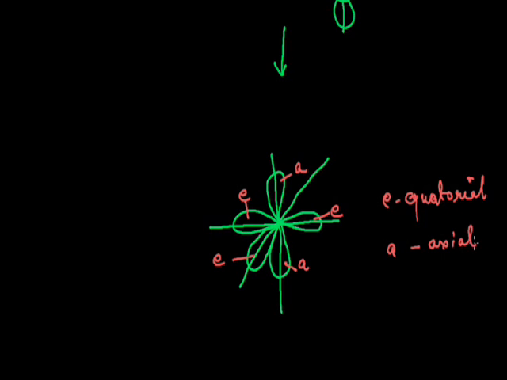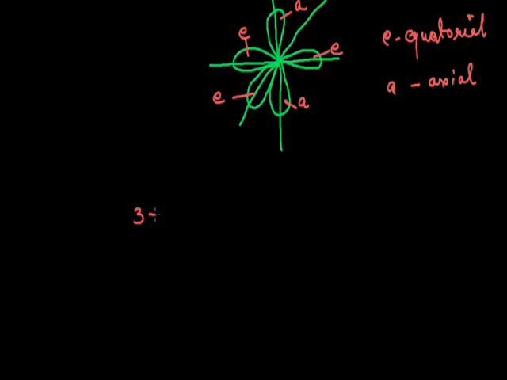In this we have three orbitals which are called equatorial orbitals, and two orbitals are called axial orbitals. E stands for equatorial and A stands for axial.